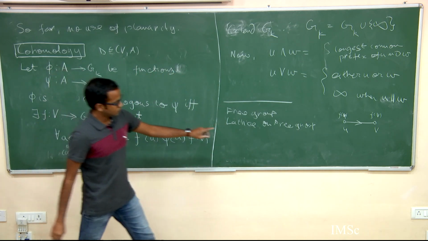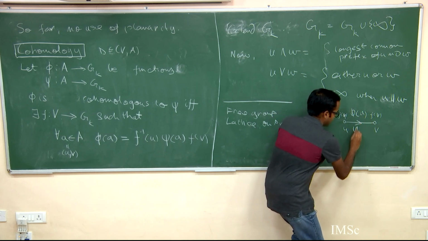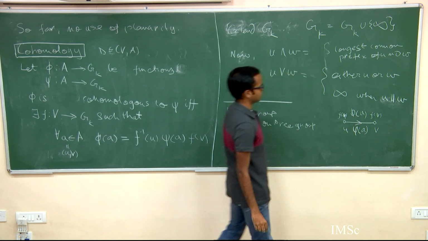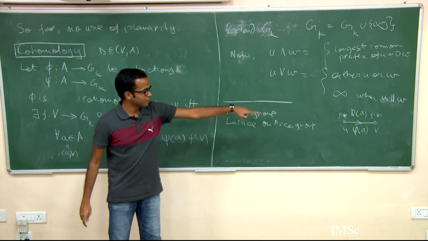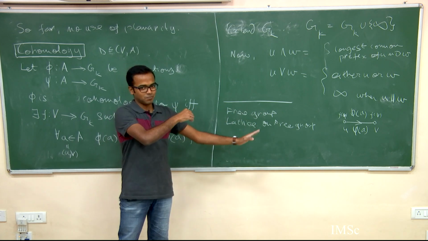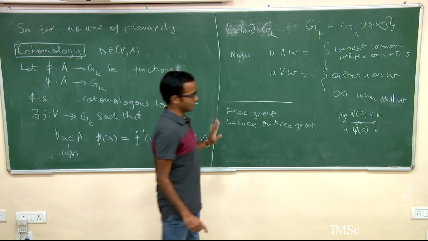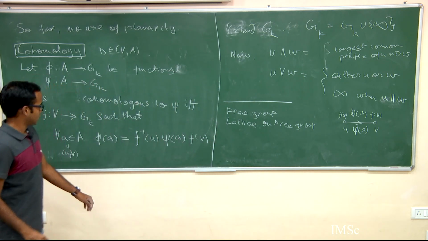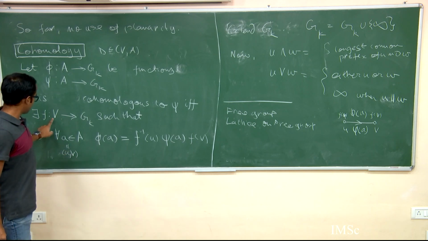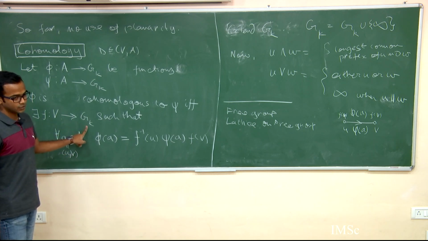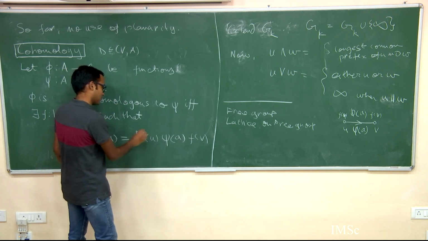This is your phi of a and psi of a. You can get from phi of a to psi of a by multiplying with f, so that relation holds. F inverse, f is a function from V to GK. I don't mean the inverse of the function, I mean the inverse of the group element.